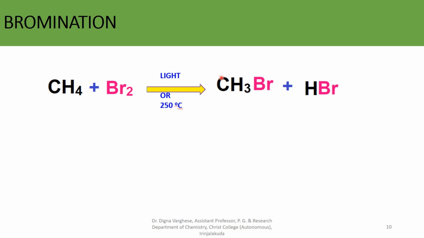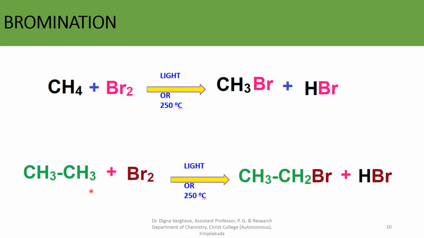You will get methyl bromide plus hydrogen bromide. Methyl bromide is also known as bromomethane. Another example is ethane reacting with bromine in the presence of light or at 250 degrees Celsius, giving bromoethane plus hydrogen bromide.